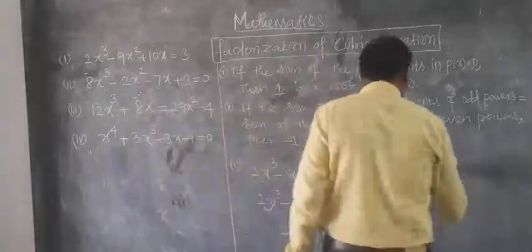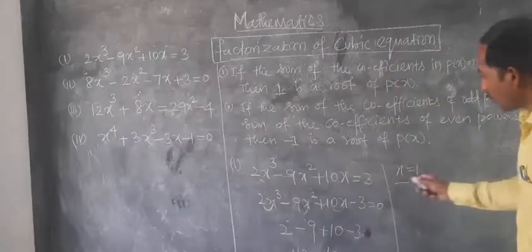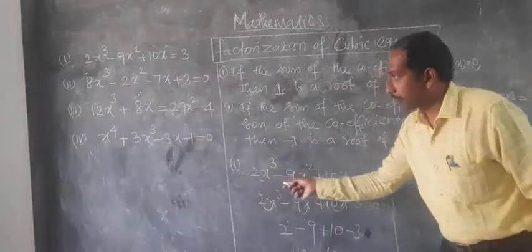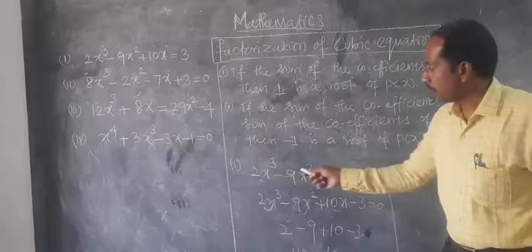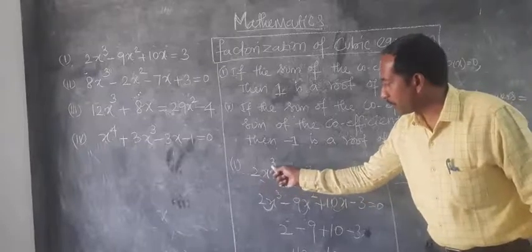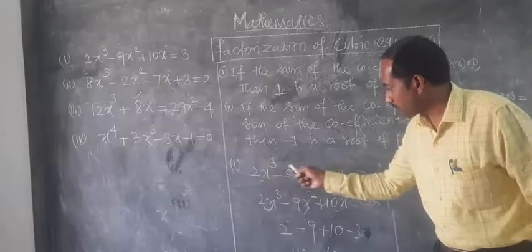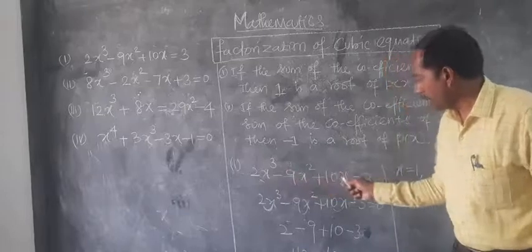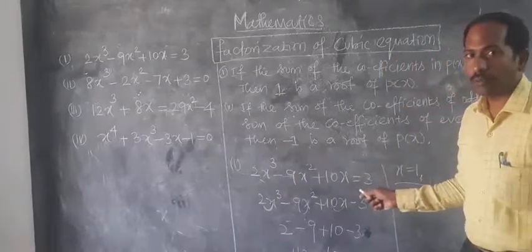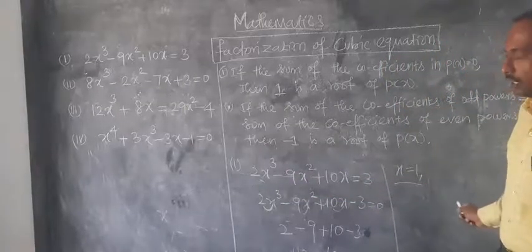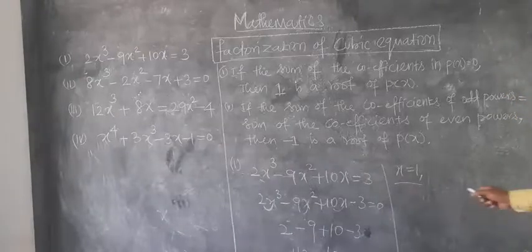Synthetic division method. So now I want to write all the coefficients. Previously I told you the coefficients: x power 3, x squared, x, constant. Likewise, in synthetic division you have to write all the coefficients in order.